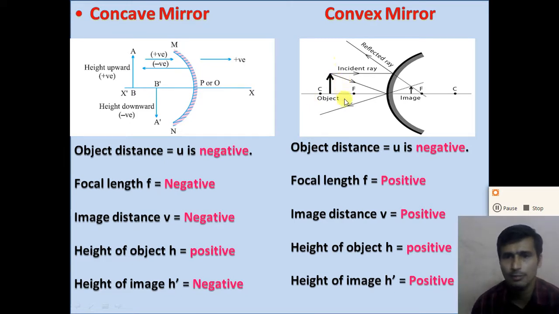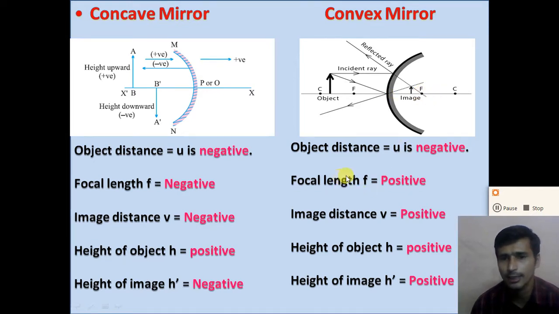So the object distance on the left side we take as negative. So in both cases, the concave mirror as well as the convex mirror, the object distance is always negative.